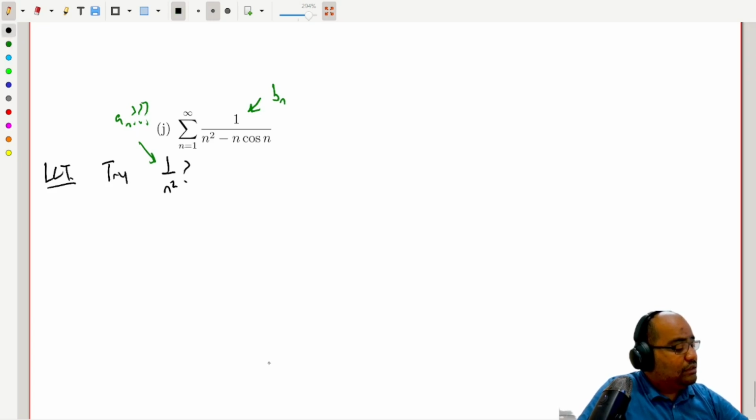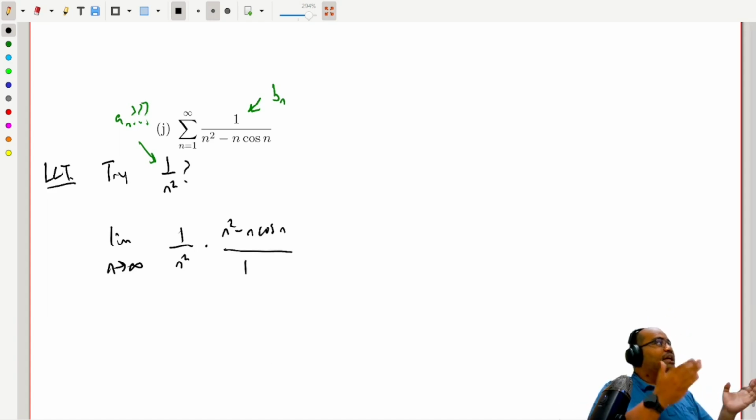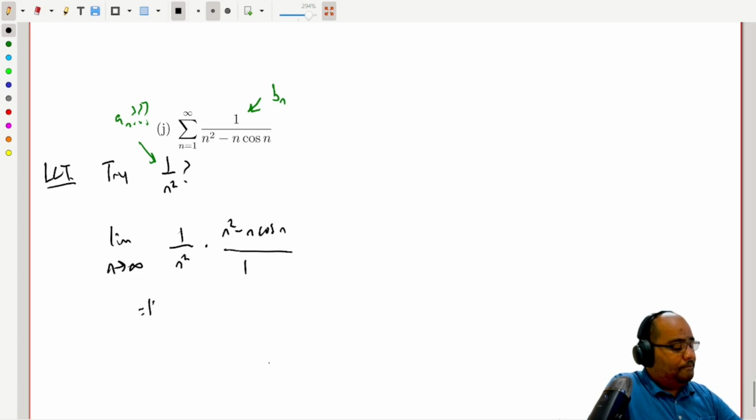Okay, so we have the limit as n goes to infinity of an, 1 over n squared, times the reciprocal of bn, n squared minus n cosine of n over 1. Now I'm going to do some operations here.